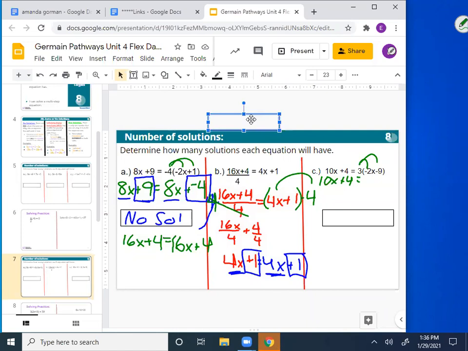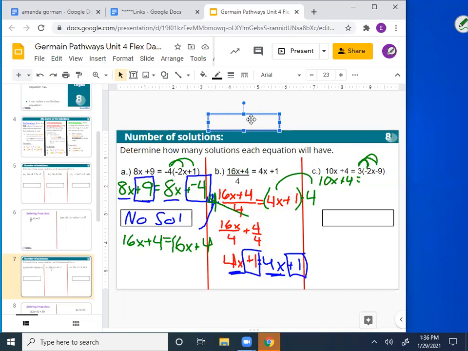So okay, Annie, watch. We didn't do anything with the left side, so I rewrote it down here. Then on the right side, I needed to distribute 3 times negative 2x and 3 times negative 9. What is 3 times 2x going to get me? How many x's? 6.